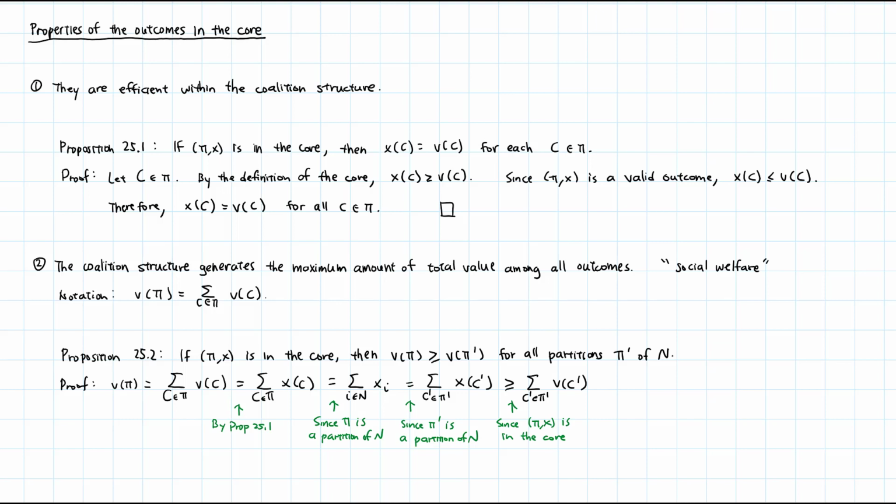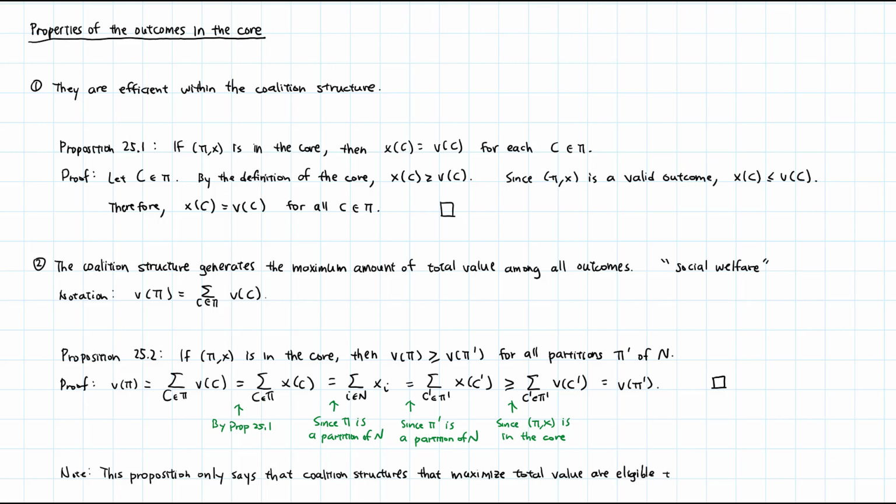And that is just the definition of v(π'). So the value of π is greater than or equal to the value of any partition π', and that is the proof. Note that this proposition only says that coalition structures that maximize total value are eligible to be in the core.